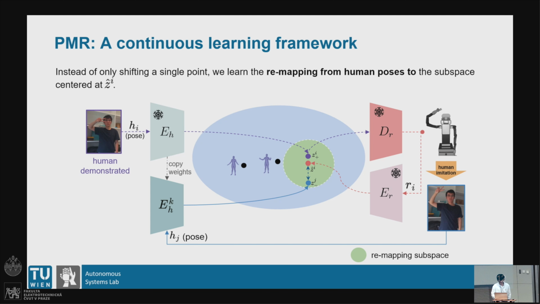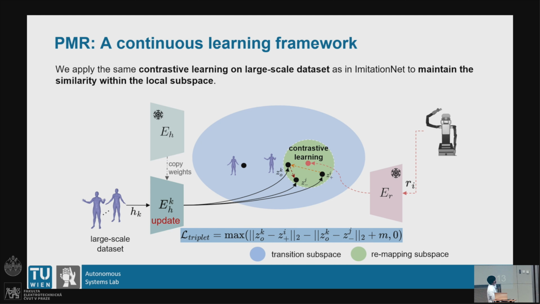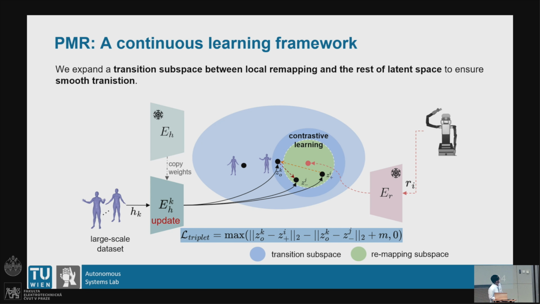And in this region, we do something similar to ImitationNet. We use the large-scale data set to do the contrastive learning, to make it smooth. And in addition, we also expand this space a bit larger. We call it the transition subspace, because we want to update this remapping subspace, but we want to keep the rest of the space unchanged.